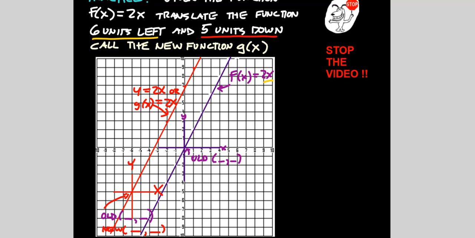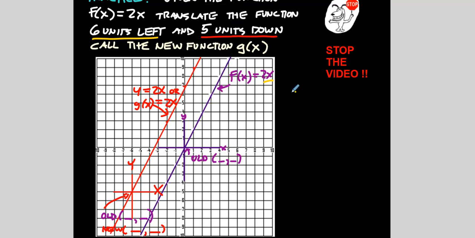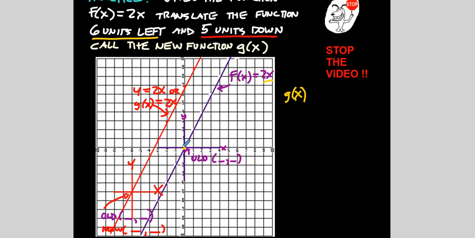Alright, so again, I'm using what I covered in part 1. Let's note that this is a shift starting at the old origin, a shift 6 left and 5 units down.